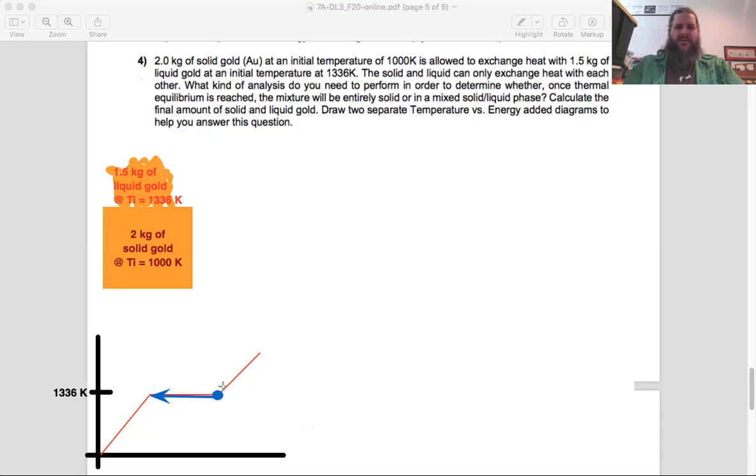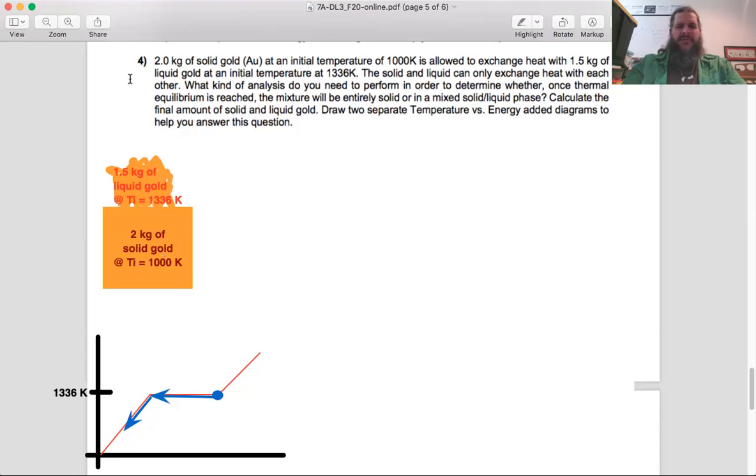What happens to the liquid if it completely solidifies and then keeps losing more energy? Yeah, it's going to lose thermal energy, which means it decreases temperature. So we don't know which one of those happens. We don't know, does this completely solidify or only partly solidify, or completely solidify and get colder? So that's what we're going to need to figure out.